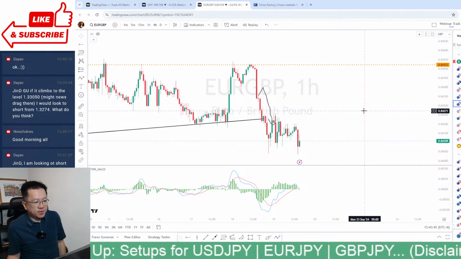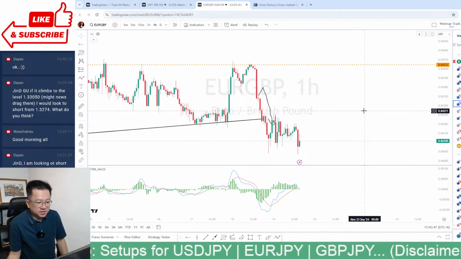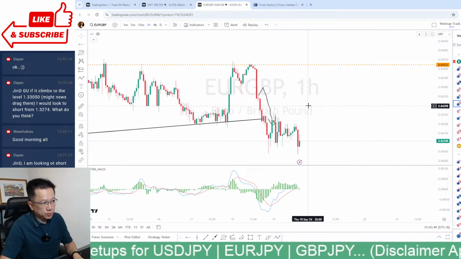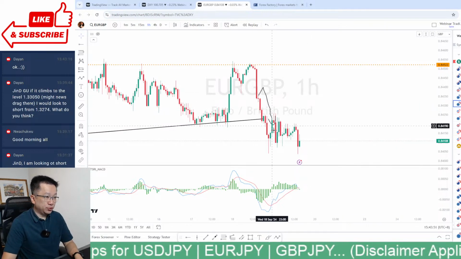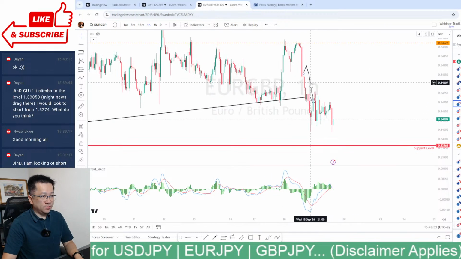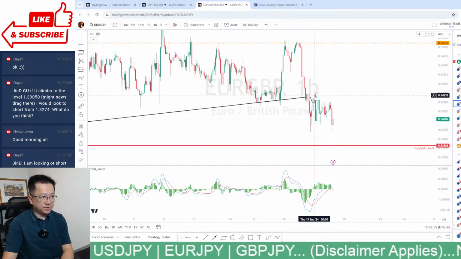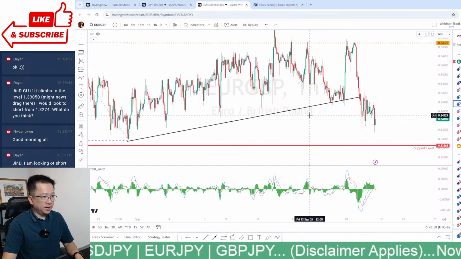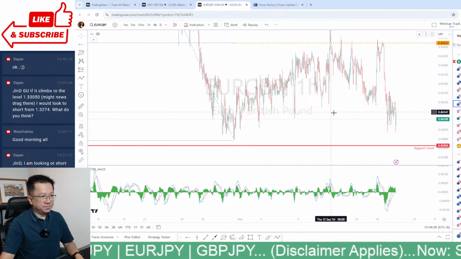And then Euro Pound has finally done somewhat of what I expected it to do. It pushed right down, and it's come down to around that support area. The trend line doesn't matter anymore.